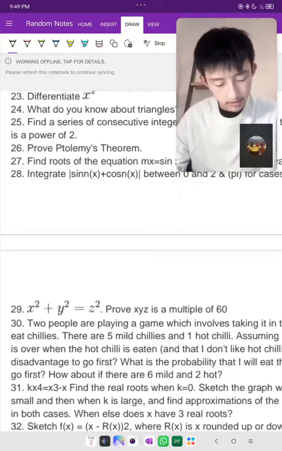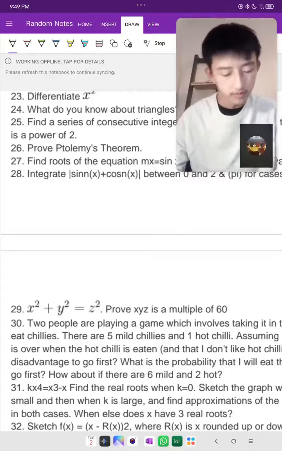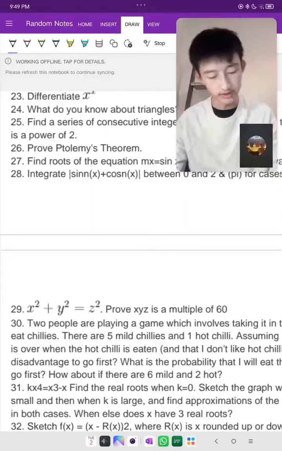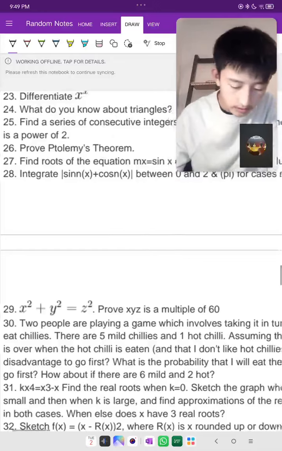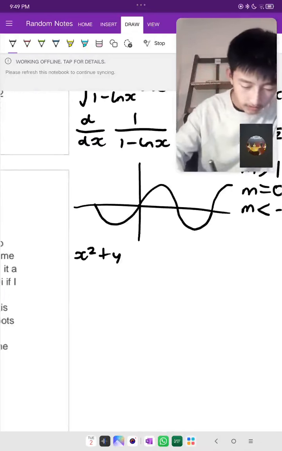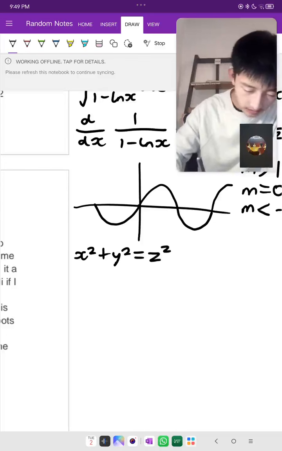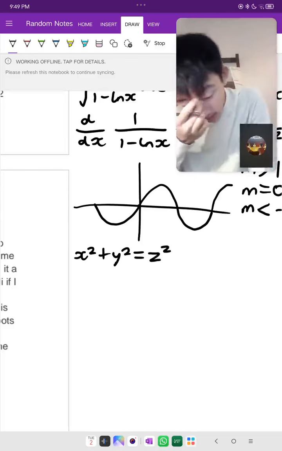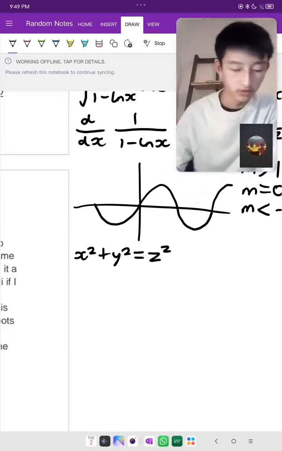I could consider possible residues of squares mod 4. I know that they have to be 0 or 1. So, okay, x squared plus y squared is z squared. I know that each of these has to be congruent to either 0 or 1 mod 4.